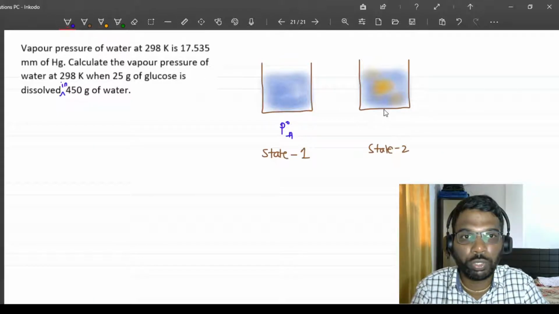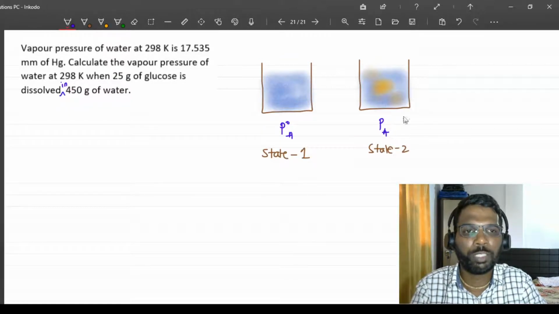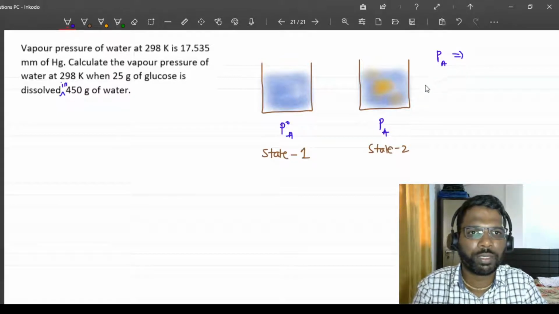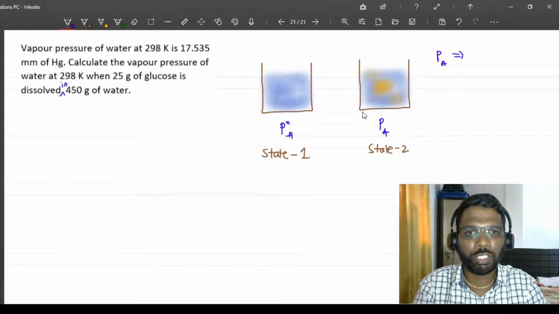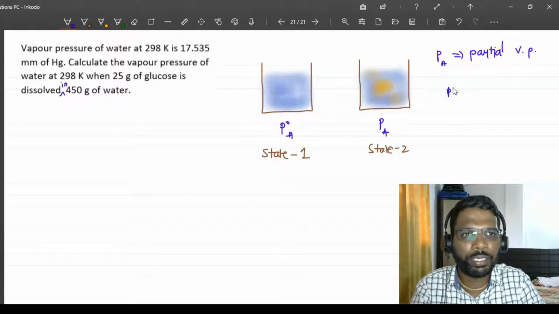This solution will have a vapor pressure called PA, the partial vapor pressure. And P naught A is the pure vapor pressure.